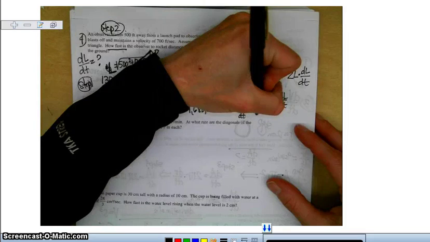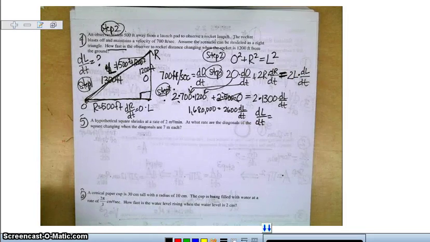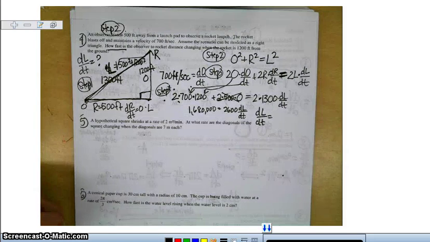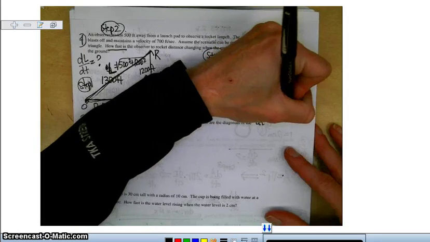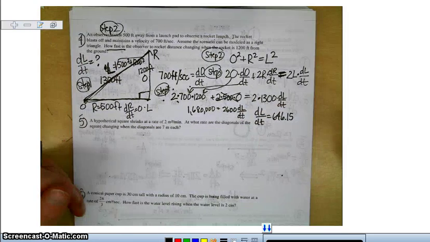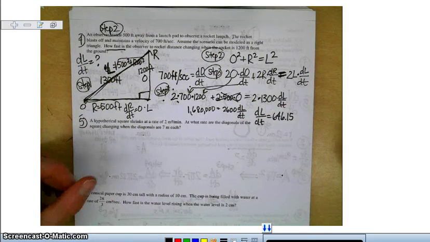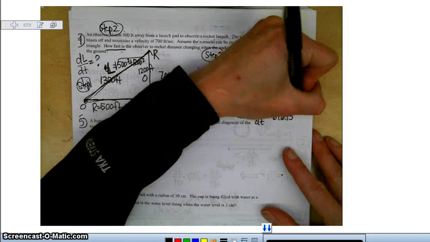So the rate of change of the distance between the observer and the rocket is 646.15. What would be the label? What was the label on the dO over dt? Feet per second.